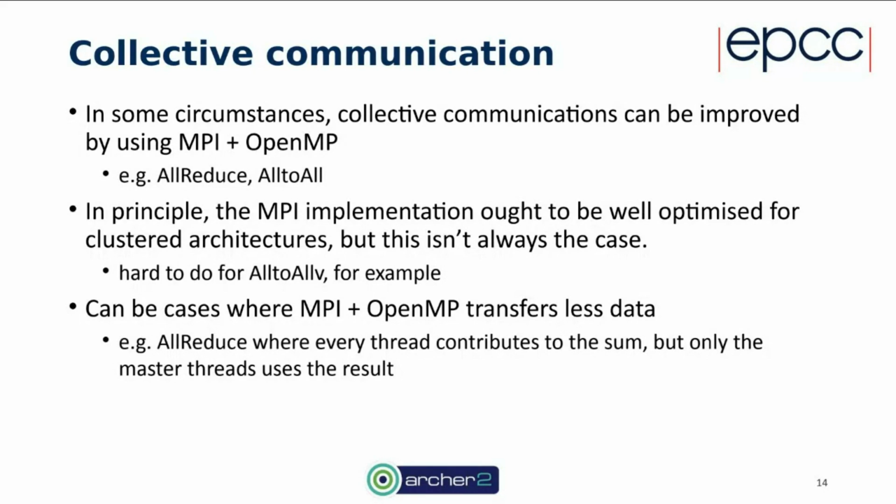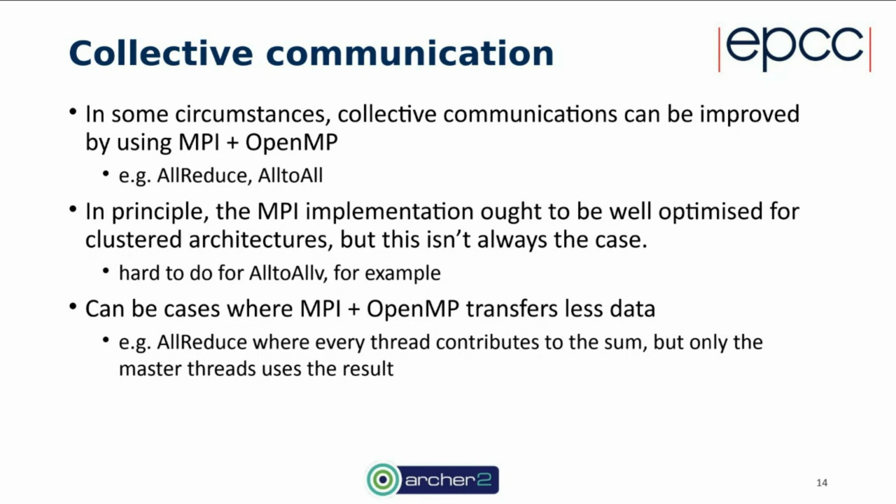Sometimes you can do stuff to tune the MPI collective implementation. There are often settings you can choose, possibly you can choose between different collective algorithms as well. They aren't always as well optimized for a particular piece of hardware as you might suppose.